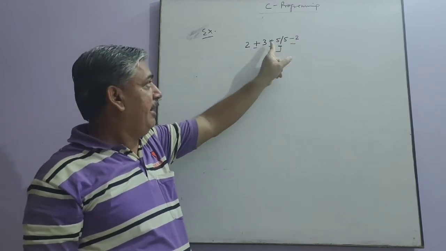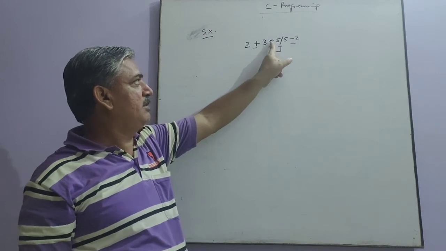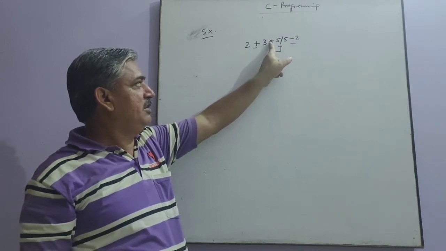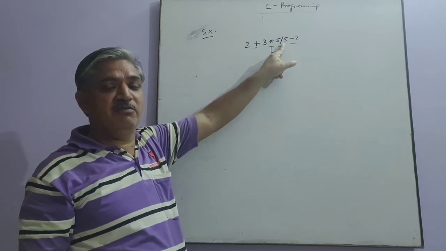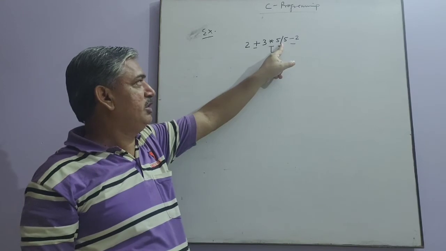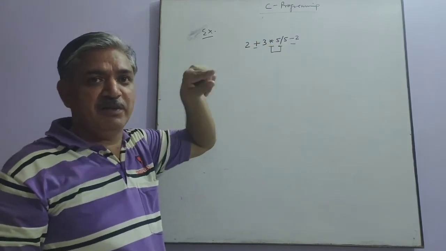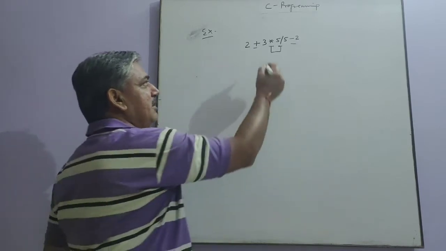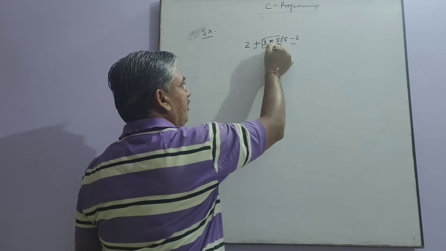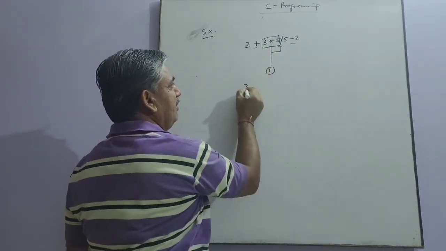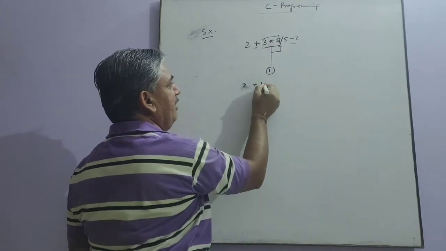Clear? And out of these, the two operators multiplication and division have the same precedence. So we apply associativity. The associativity of arithmetic binary operators is left to right. So the first operator is this one, and first we have to evaluate this one. So we get 2 + 15 / 5 - 2, since 3 fives are 15.